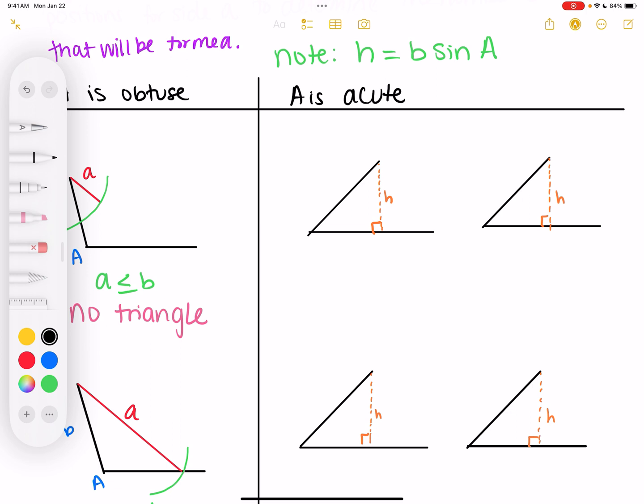And these are all still angle A and side B. Angle A and side B are fixed in all of these.